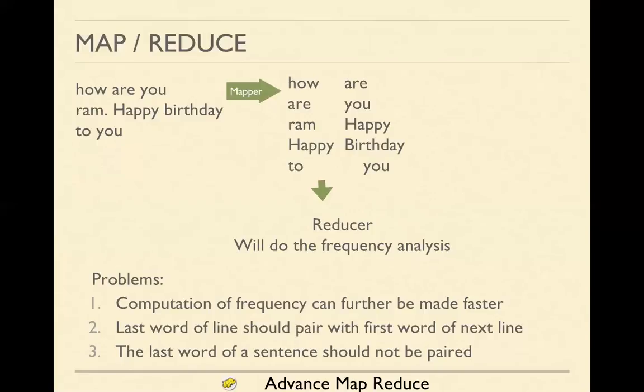Second is the last word of the line should pair with the first word of the next line. That did not happen. You and Ram, and birthday and to should be paired, but they were not. So instead of the new line being the separator, it should be the dot or dot space that should be the separator.